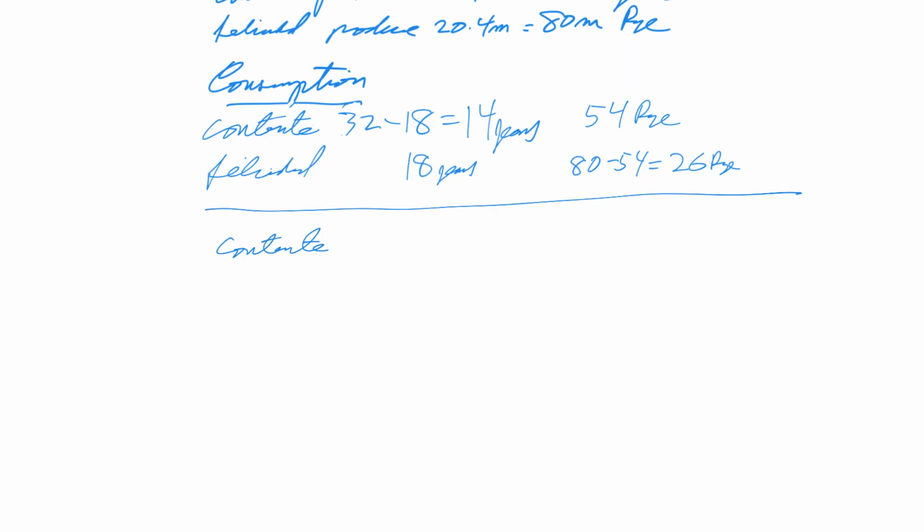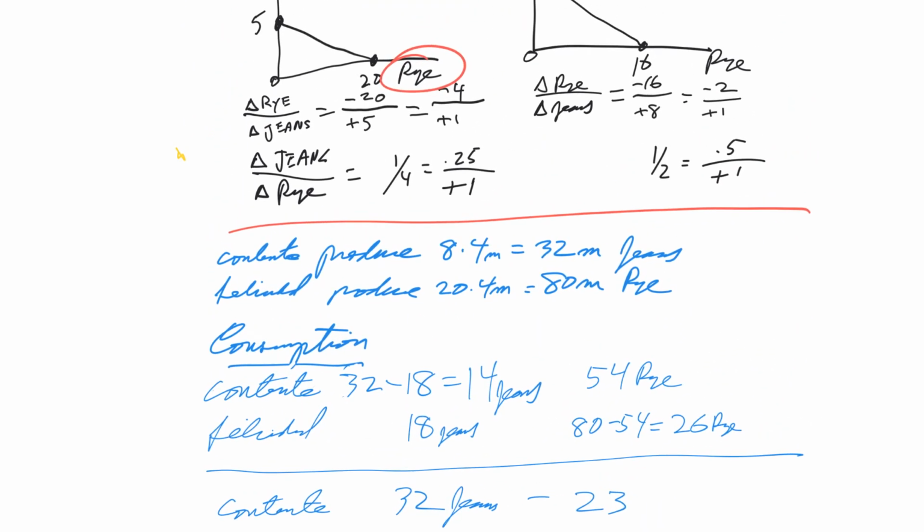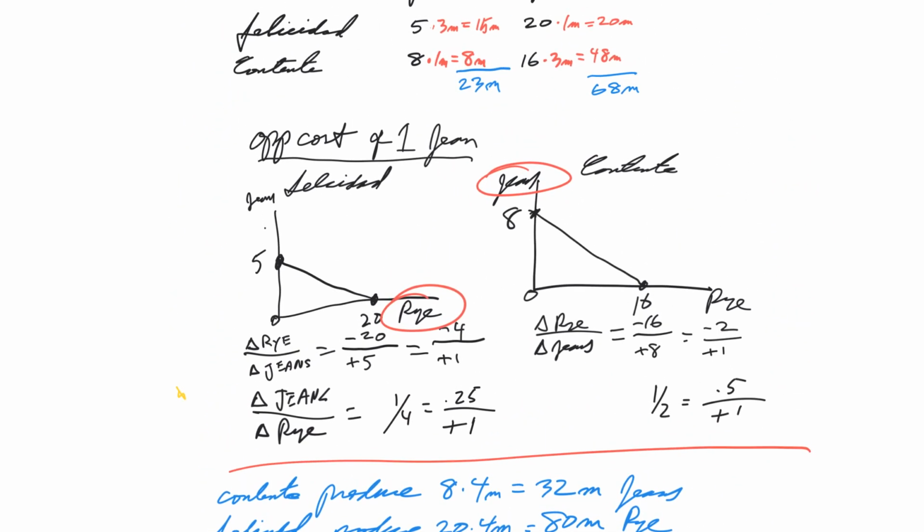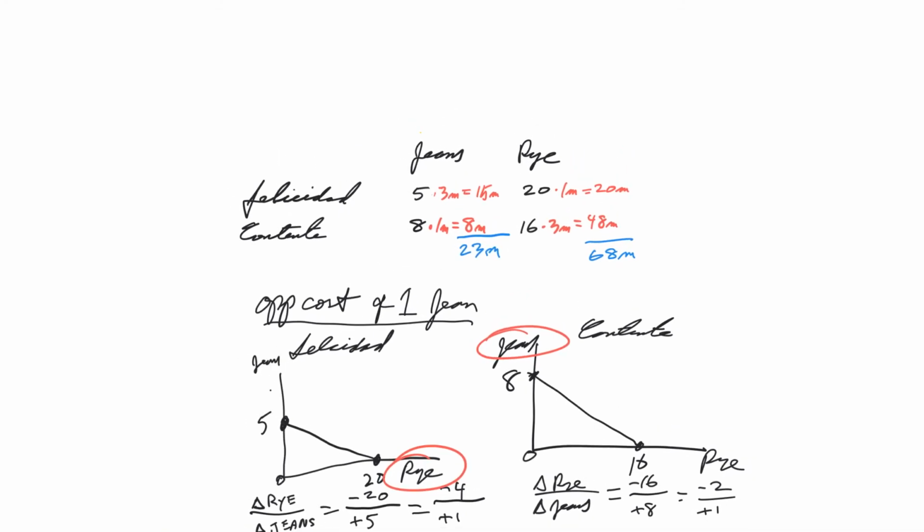Okay, Contente produces 32 genes. Remember, 23 is what everybody in the whole world used to produce, so let's go back. Here we are. 23.